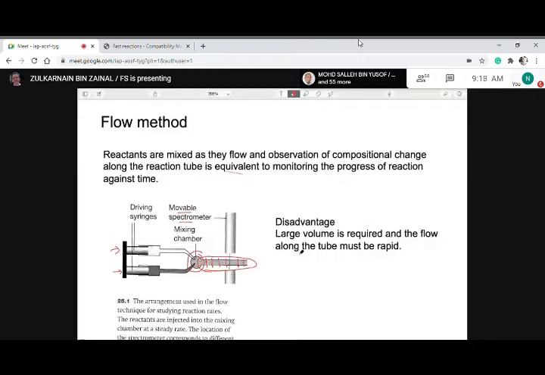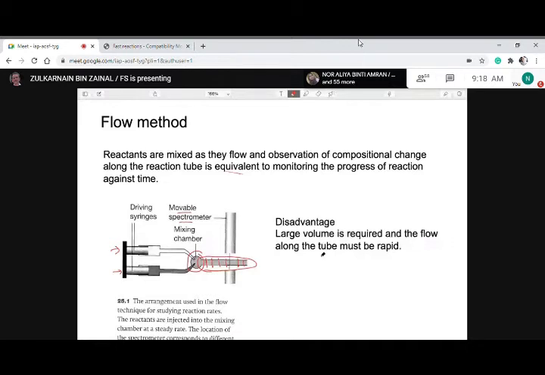Or you can also do it at a certain fixed position of the spectrometer by using another method. The disadvantage of this method is that you need a large volume in order to monitor the process along the tube.